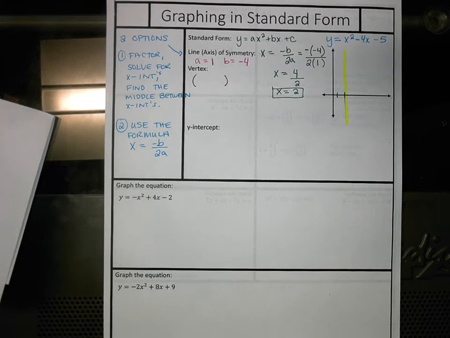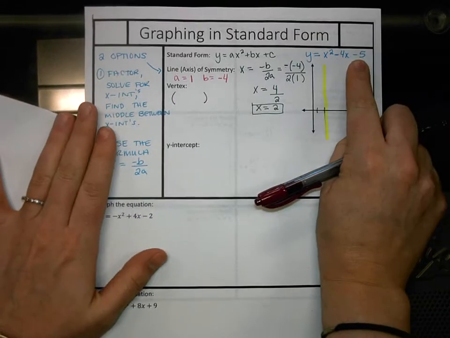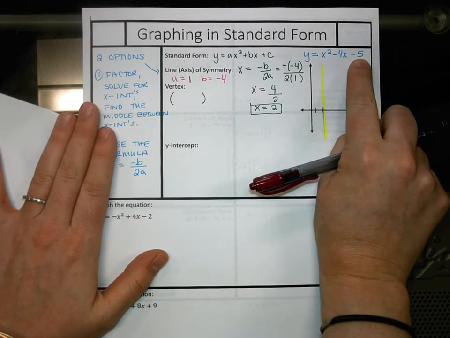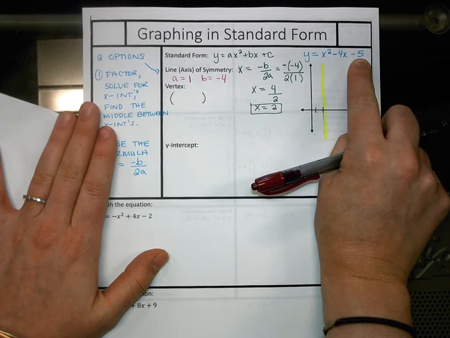Of the vertex? No. So some people did that on their test. They put the y value of negative 5. Negative 5 right here. Can someone tell me what that does stand for? The y-intercept.